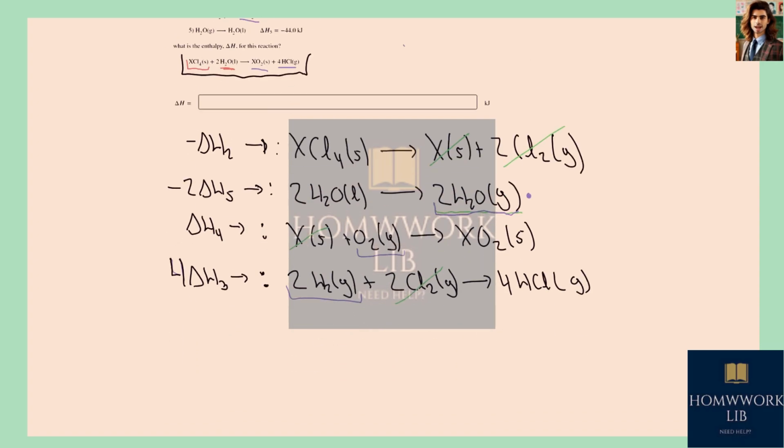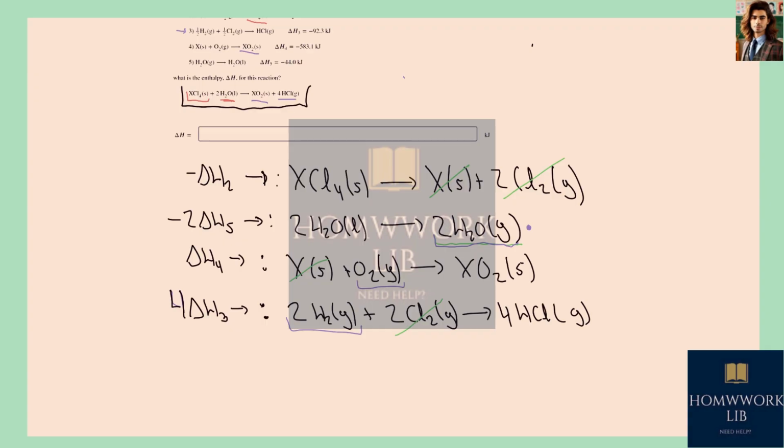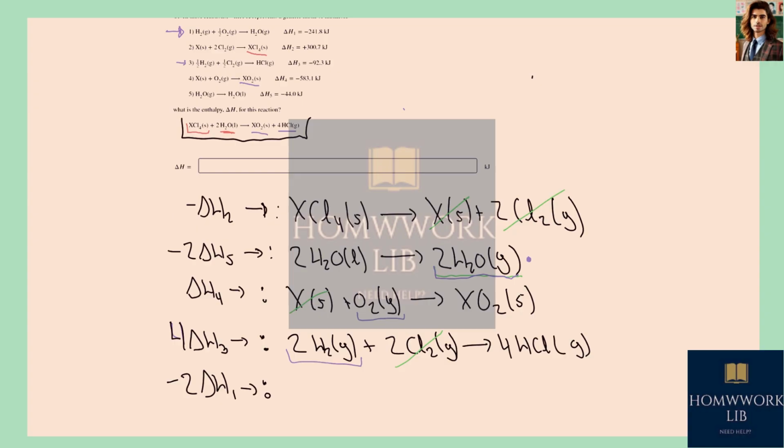So minus 2 times reaction 1. Minus 2 times delta H1 corresponds to the following reaction. Reaction 1 multiplied by 2 is 2 of water as a gas, and this is going to produce 2 equivalents of hydrogen gas plus 1 of oxygen gas.